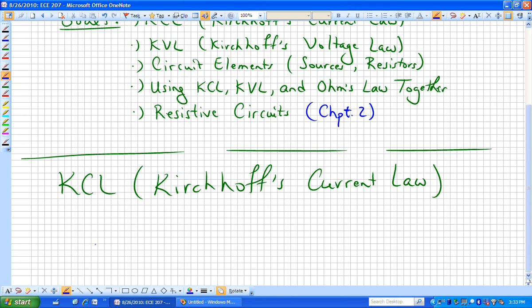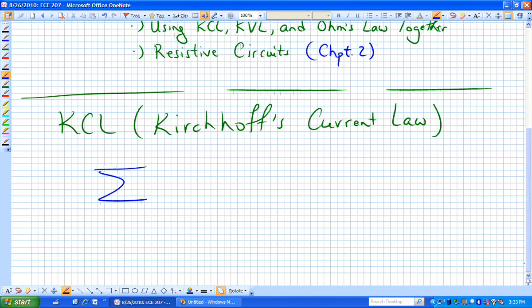Written in equation form, that's looking at a bunch of currents, I sub j, j being an index on different currents, and j might range from 1 up to some number, capital N, might be 2, it might be 3. These are all currents coming into a particular node. The algebraic sum of those currents needs to equal 0.